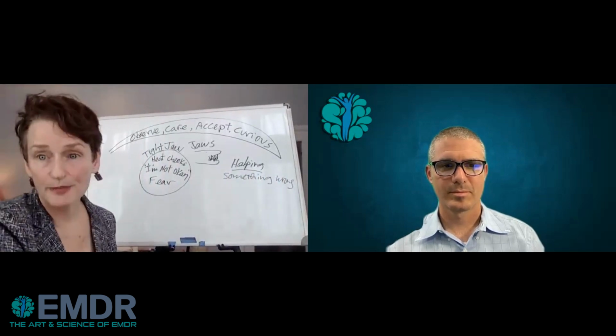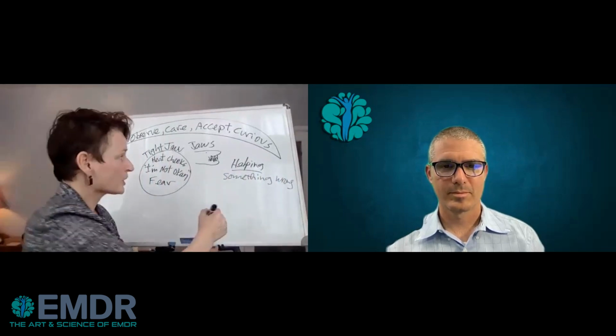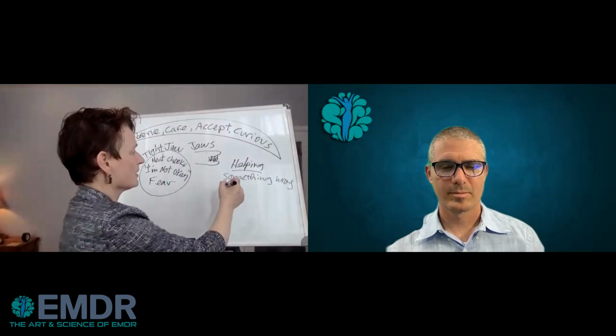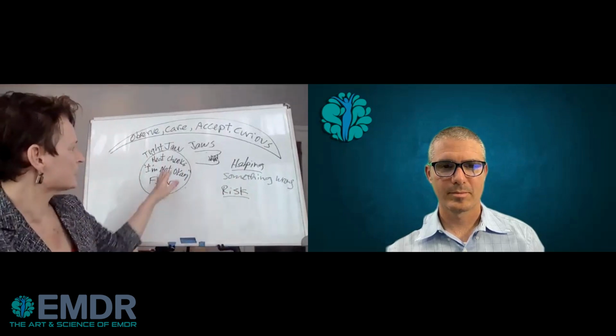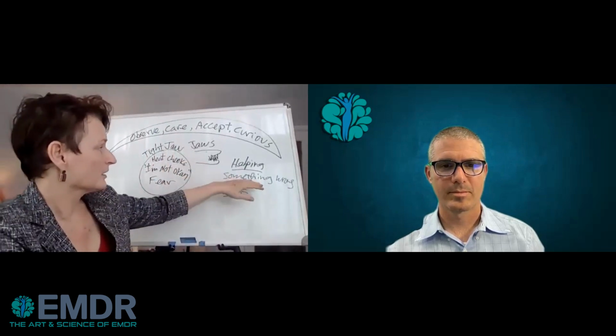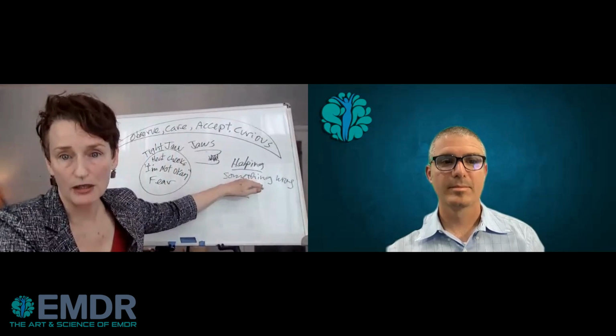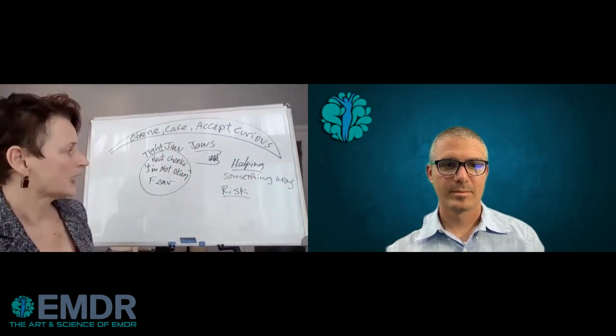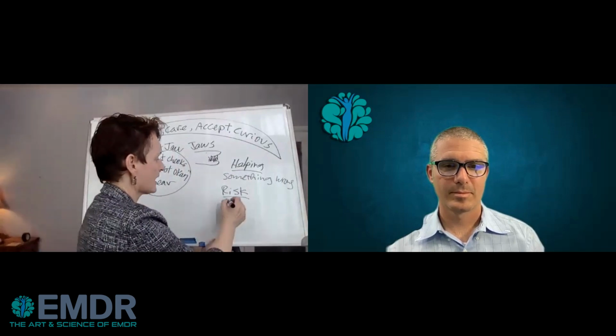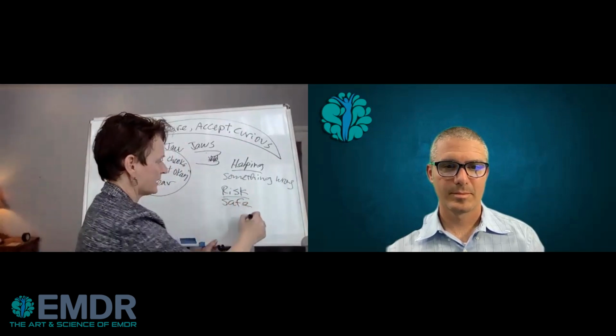And then, as a therapist, you would ask the next question, which is, write the word risk under that and ask, well, if you didn't have Jaws letting you know that something might be wrong, what might be at risk for you? And let's just say the client just says, I wouldn't be safe.